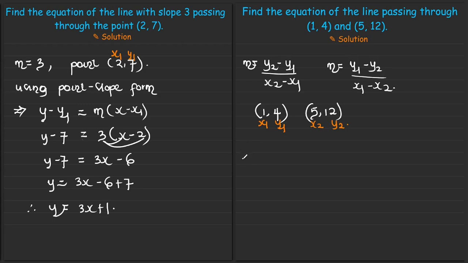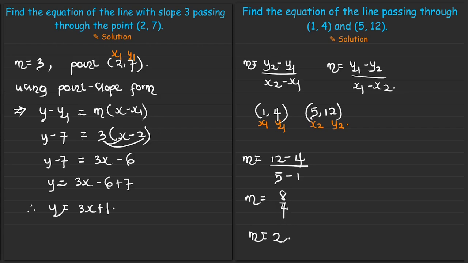So our substitution then is going to be m equals y2, which is 12, minus y1, which is 4, then all over x2, which is 5, minus 1. Simplifying, we have our m giving us what? An 8 over 4. Hence our m is equal to 2.